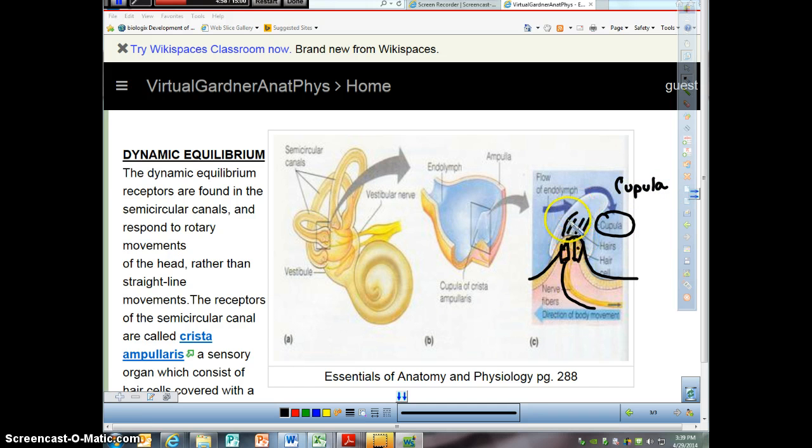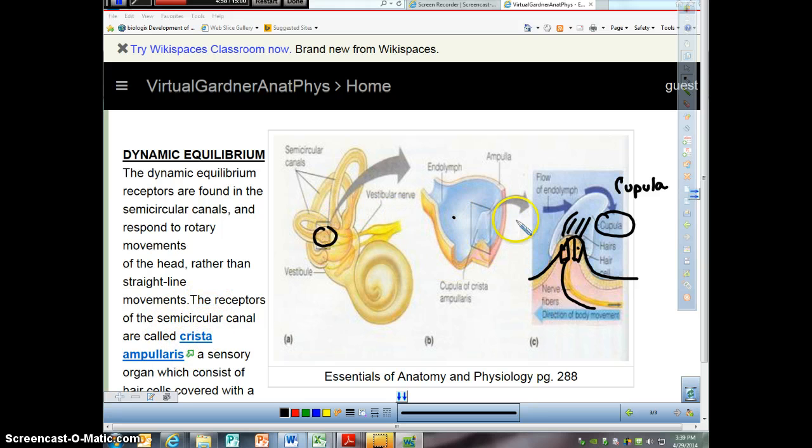That's the cupula, and this is down here in your bases. Here's your endolymph, which is your fluid to begin with. Whenever this cupula bends, this will cause the hairs to bend as well. A couple of words: the receptors are called the crista ampullaris.